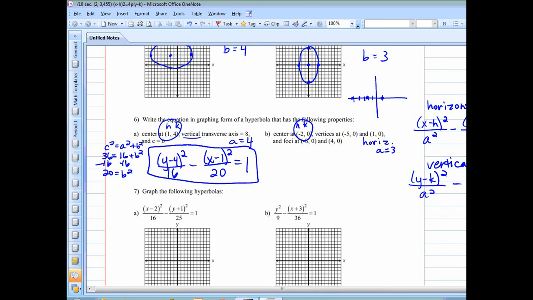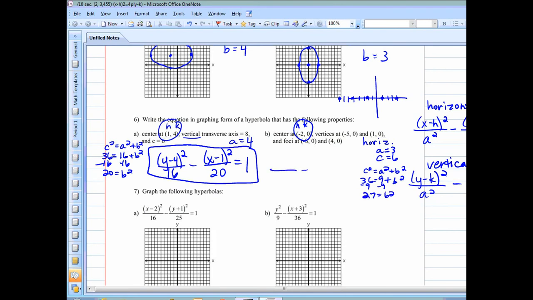And the foci are at -8, 0 and at 4, 0. So from the center to one focus point, that is the C value, which will be 6 here. And then if we use our c squared equation, c squared equals a squared plus b squared, and I plug into that, and subtracting the 9, we get b squared to be 27.